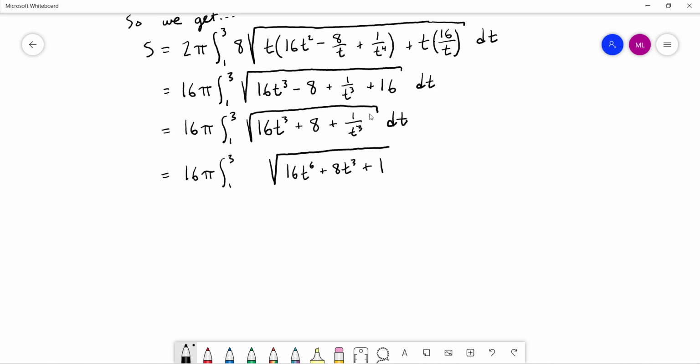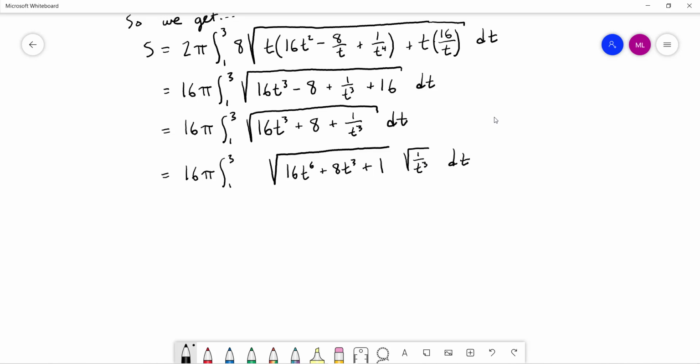But that was multiplying, again, by t cubed on the inside. I have to make up for that by then dividing by t cubed as well. So I can think of that as times the square root of 1 over t cubed that I need to be able to pull out of this thing, dt. So again, I multiplied by a t cubed on the inside, and I also had to multiply by a 1 over t cubed on the inside, but I pulled that off as a separate square root piece.